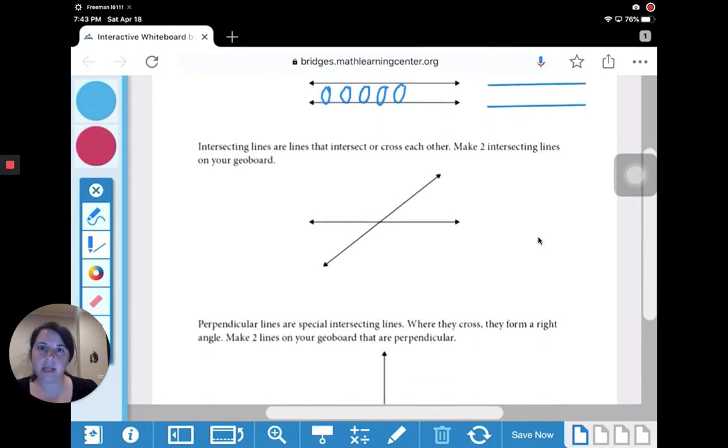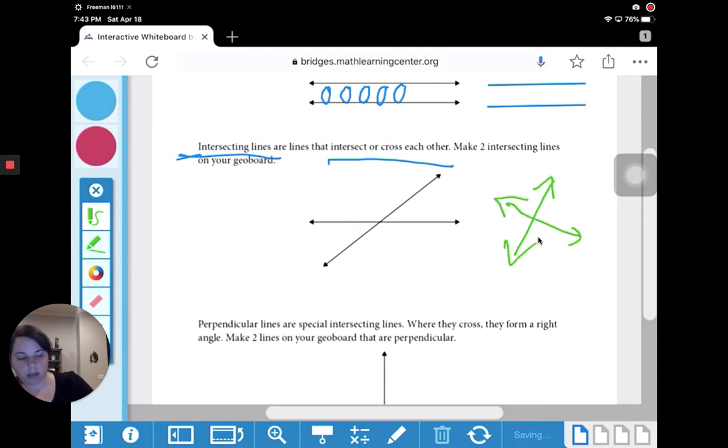The next type of line that we're going to talk about are intersecting lines. And intersecting lines are lines that intersect or cross each other. So intersect is another word for they cross over each other. So if I were going to make my own intersecting lines, I might say that they look like this.